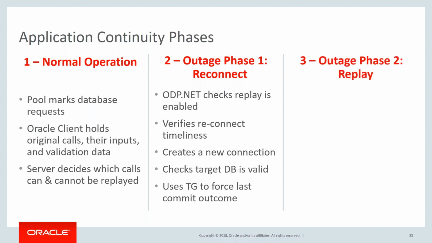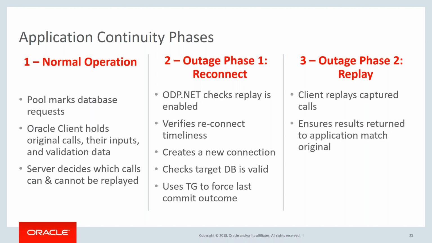And then what happens after that is the replay. Once you connect it, you replay it. And in the replay, the client replays all captured calls and ensures that the results returned to the application match. So you want to ensure that what you're getting back from replaying the transaction is what you got back originally.